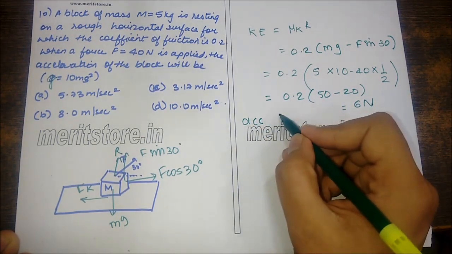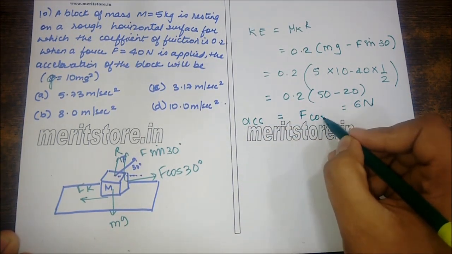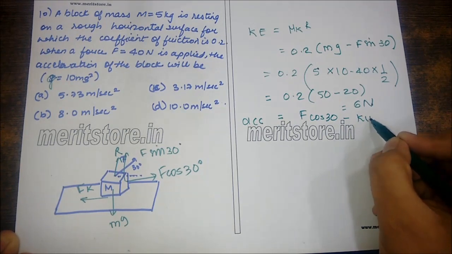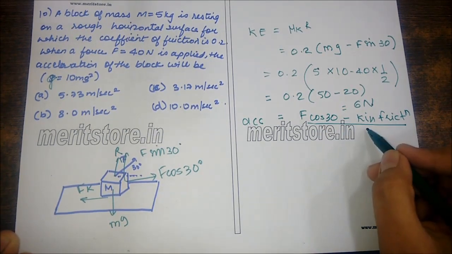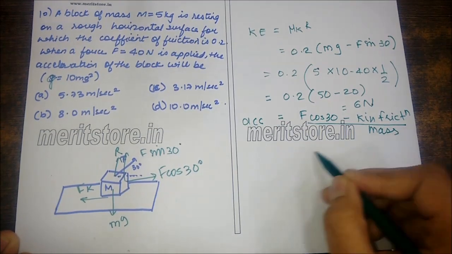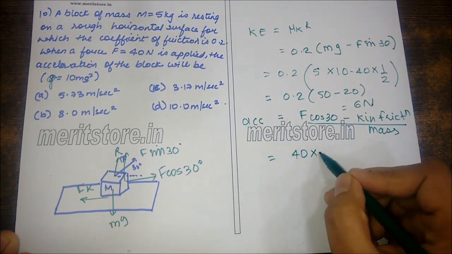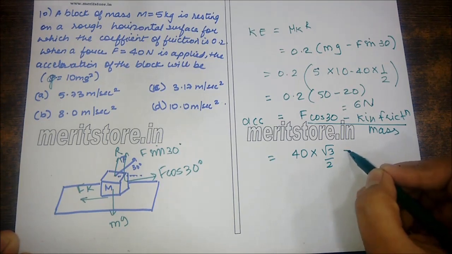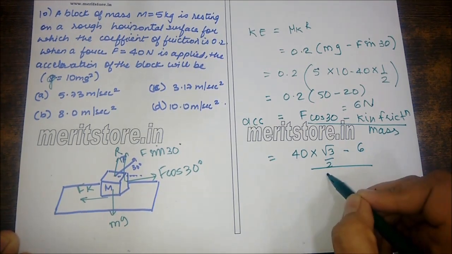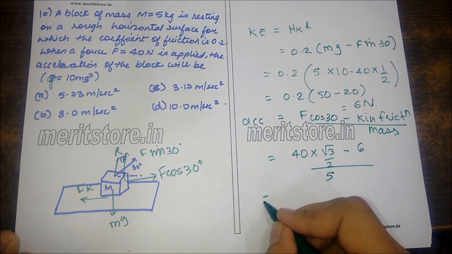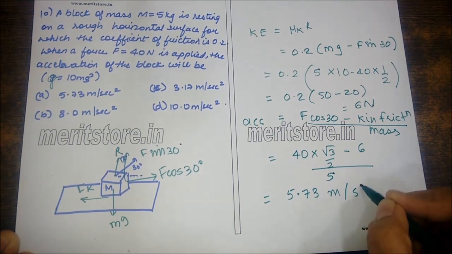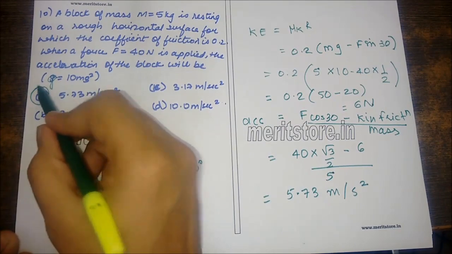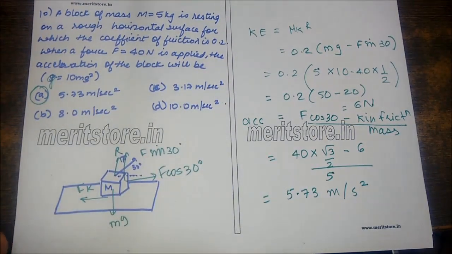Acceleration of the block is equal to F cos 30 minus kinetic friction upon mass, 40 into root 3 by 2 minus 6 upon mass, that is 5, which on solving we get 5.73 meter per second square. So option A, 5.73 meter per second square is the correct answer.